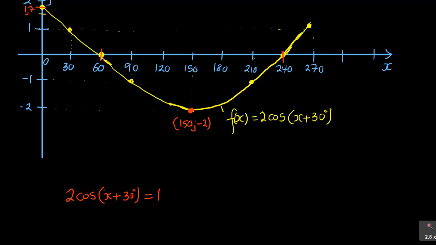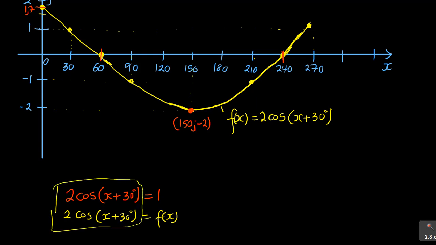And if you look at the original equation, it actually says 2 cos x plus 30 degrees. This was our f of x. So in other words, these two match on the left hand side. Therefore it means f of x here is also equal to 1.